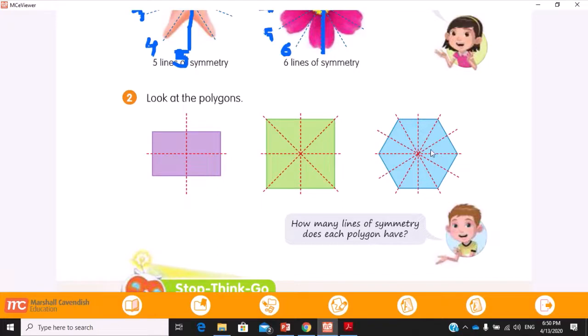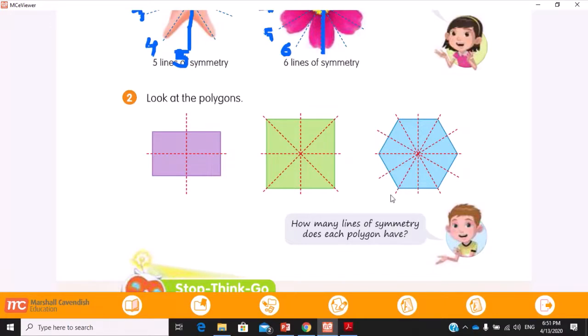The same thing happens in our hexagon. How many lines of symmetry do we have? We should have 6 lines of symmetry because we have 6 angles and 6 vertices in our hexagon. This creates only 6 lines of symmetry in our hexagon.